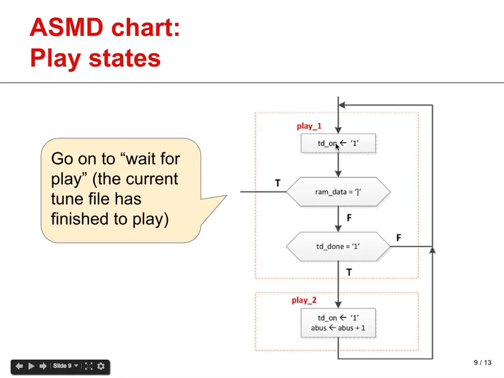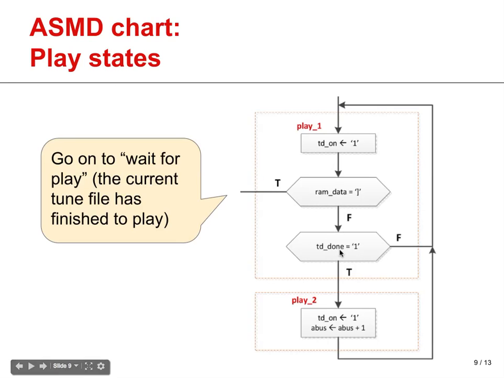So we activate the timer, check if the current content of the current RAM position is the end of tune code. Otherwise, then we just wait for the half-a-second tick to take place. When that happens, we will continue to activate the timer. We will increment the address bus, so the next ABC note comes out to the converter, and again we wait for half a second.